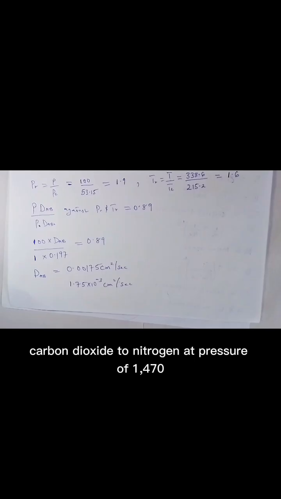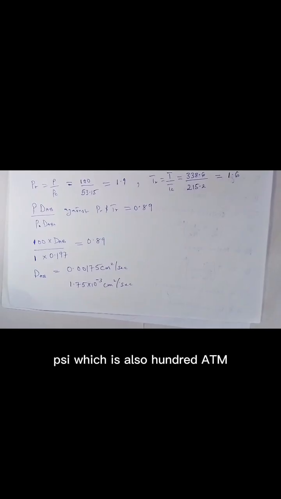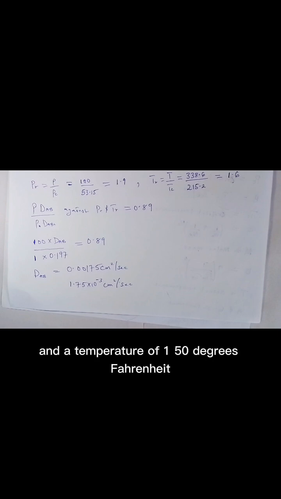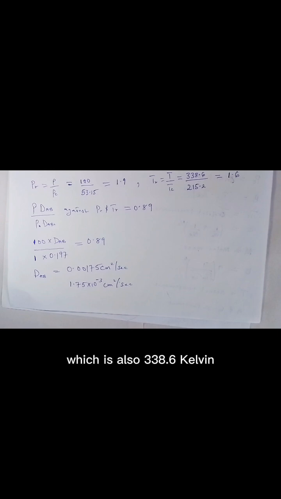So this is the estimated diffusivity for the gas pair of carbon dioxide to nitrogen at a pressure of 1470 psia, which is also 100 atm, and a temperature of 150 degrees Fahrenheit, which is also 338.6 Kelvin.